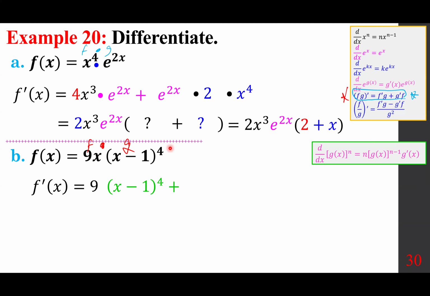Now the derivative of x minus 1 to the power 4 is 4 times x minus 1 cubed times the derivative of the inside, 1, and then times f, 9x. So I'm going to write f prime g plus g prime f. So that's pretty straightforward, everybody.